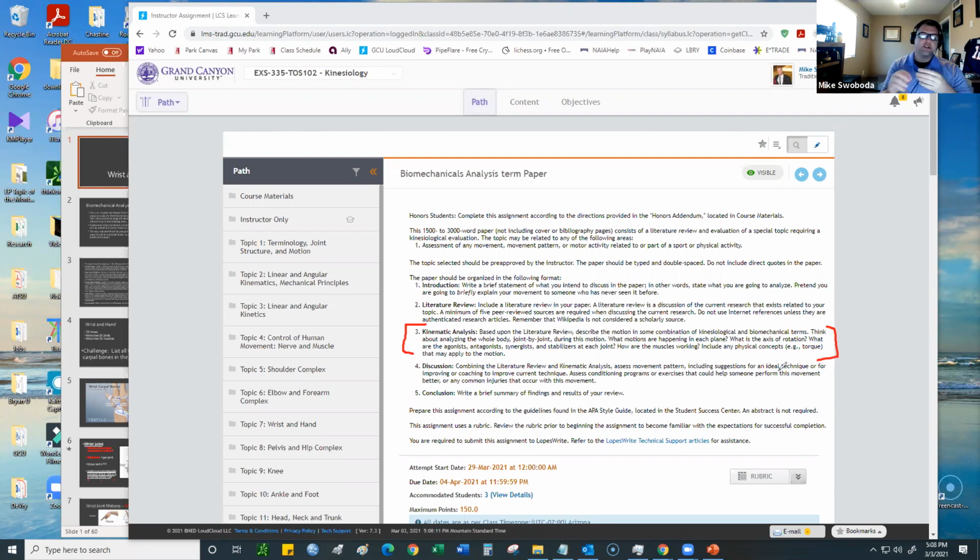So from the literature, you want to be able to discuss what muscle group or groups are primarily responsible, what force production some of the bigger muscles can provide, and any other mechanical based critiques that are peer reviewed. Essentially, just try to find anything that's going to tell you what you should do in this particular movement.